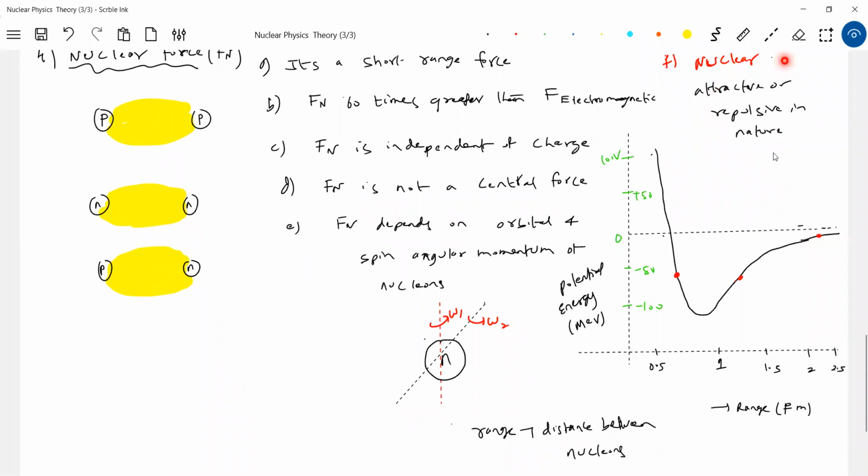Keeping the syllabus in mind, they might mention it like this: nuclear force is attractive or repulsive in nature, and it depends on the distance between nucleons, or the separation between nucleons.